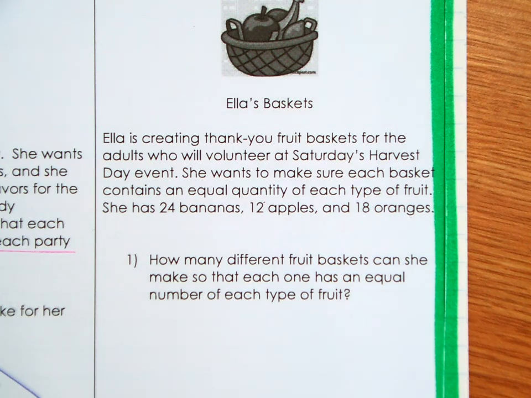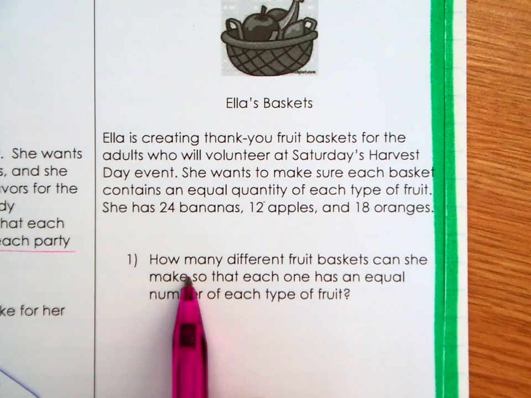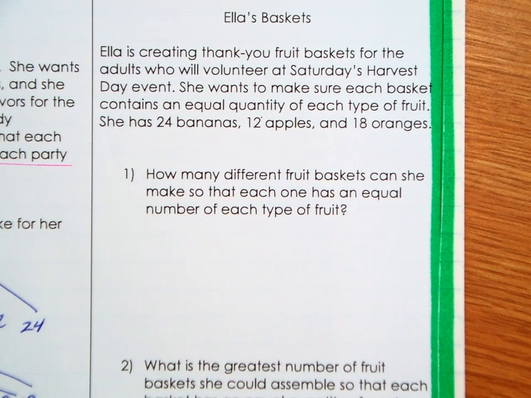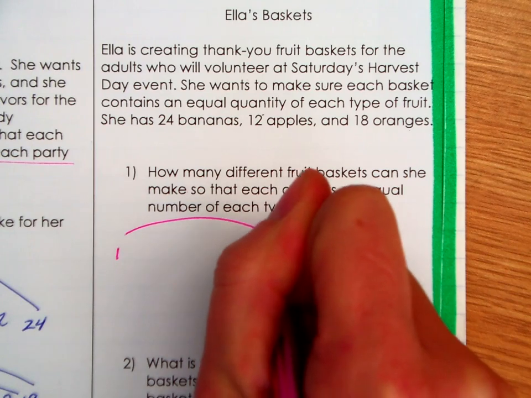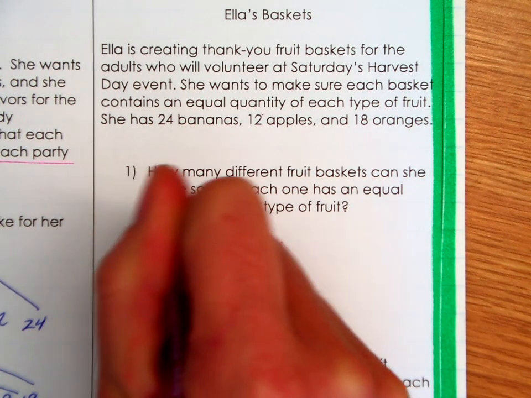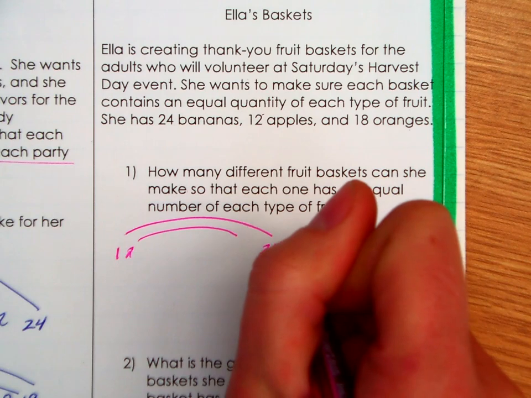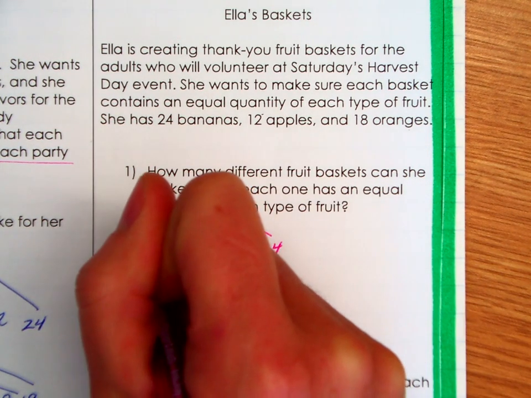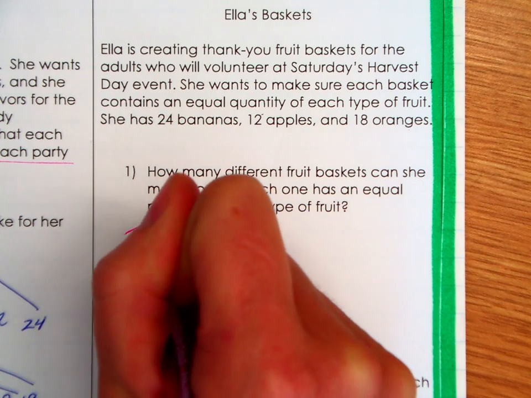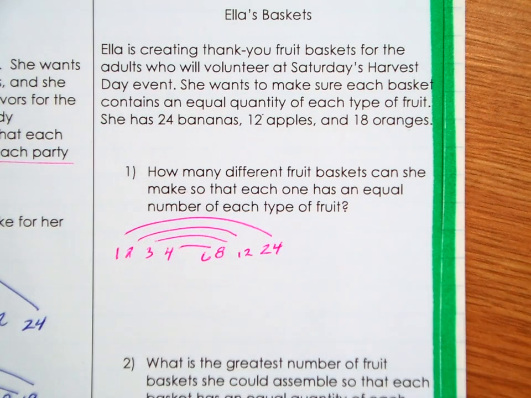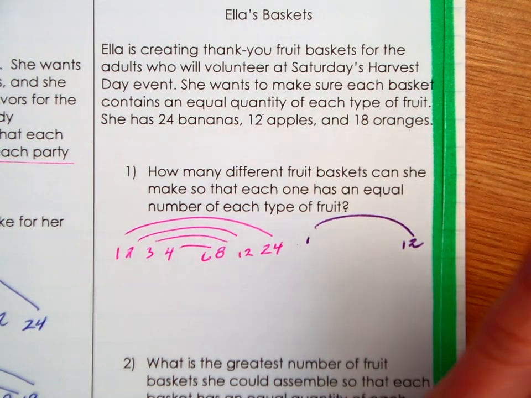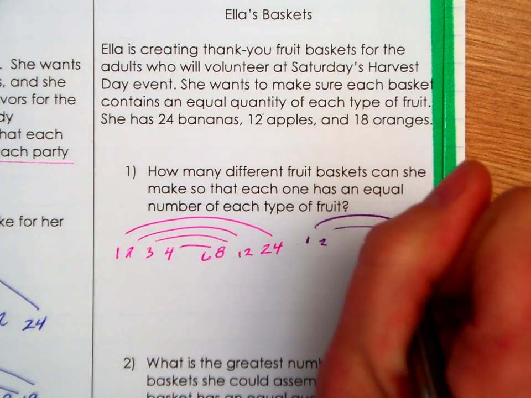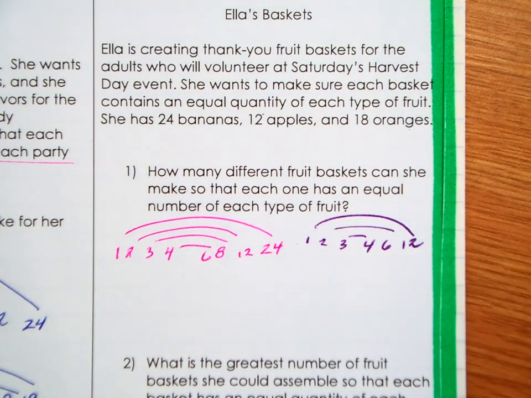Now this one I feel is much more clear. But let's start off with how many fruit baskets can she make so that each one has an equal number of each type of fruit. If I make rainbows for 24, which seems familiar because we just did it, 2 and 12, 3 and 8, 4 and 6, and let's see, we need a rainbow for 12, 1 and 12, 2 and 6, 3 and 4, I'm out.